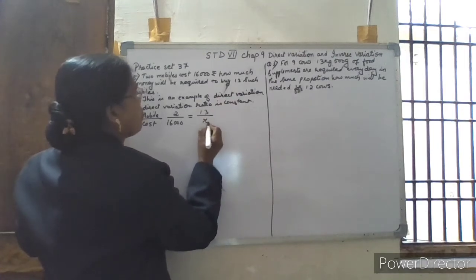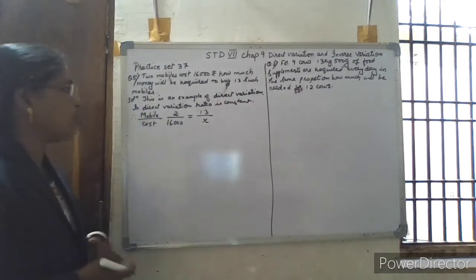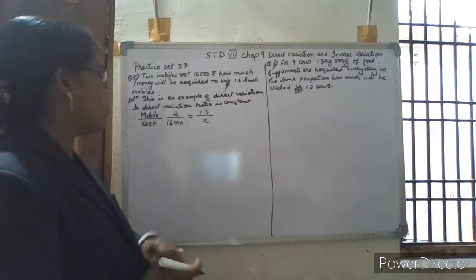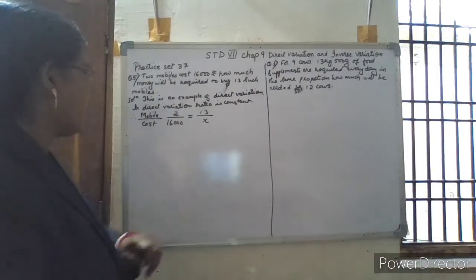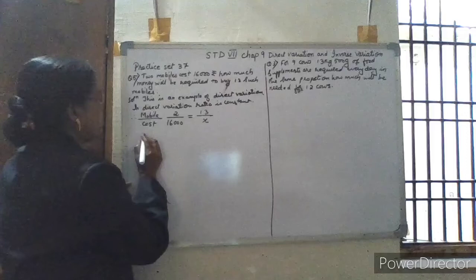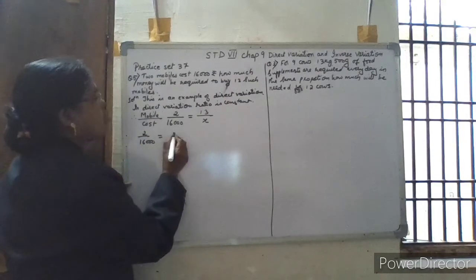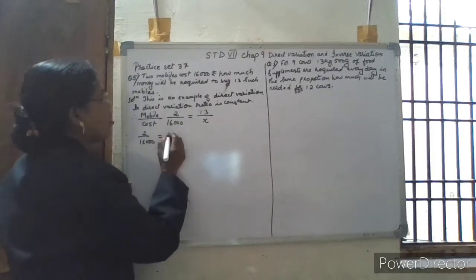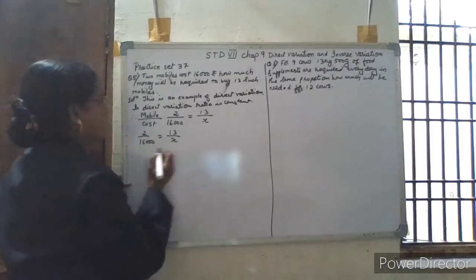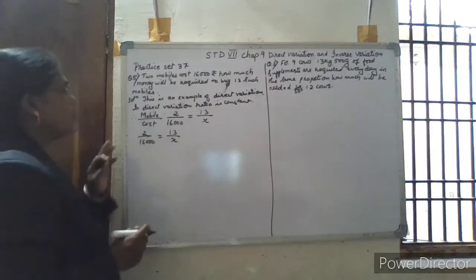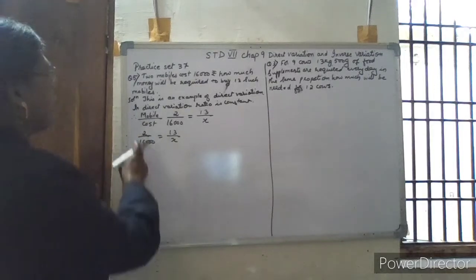We don't know the amount for 13 mobiles, so let us take this as X. So we have got two equal ratios: 2 by 16,000 is equal to 13 by X. When we have two equal ratios, we can solve it by cross product.